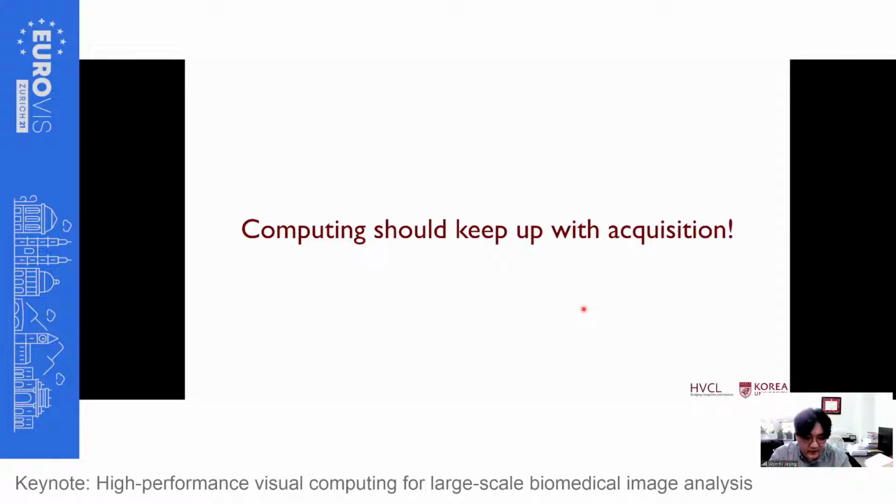As the data is acquired or generated, the computation can happen at the same time without any waiting. So that's actually the core idea.